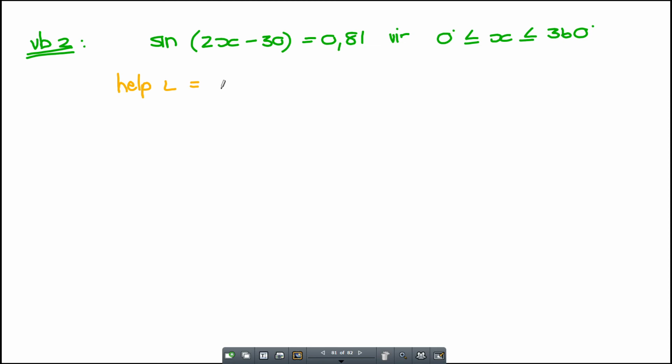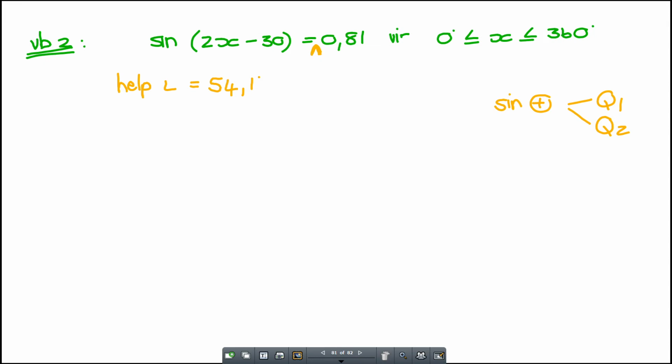Okay. So 54,1. Nee? That's my reference angle. Okay. Now, where is sine positive? Kyk gou want hier staan mos eintlik 'n plus. Nee, where is sine positive? That will be in quadrant 1 of quadrant 2.